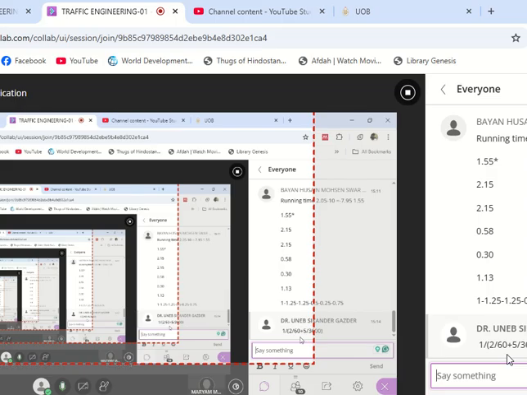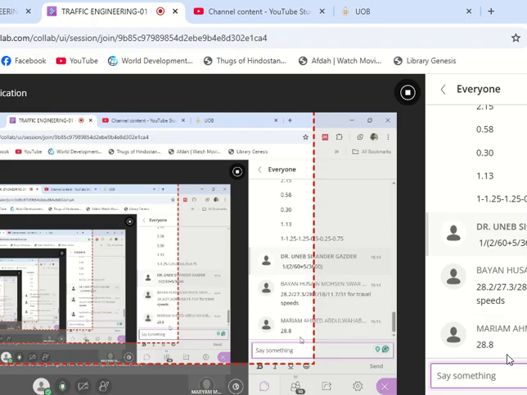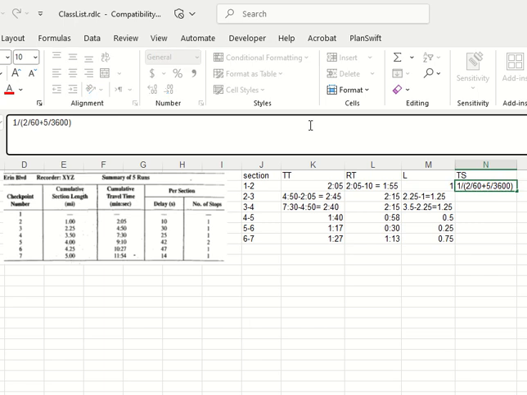So can you give me the travel speed values here? The first one is how much? 28.8.